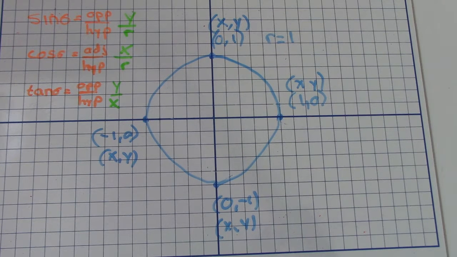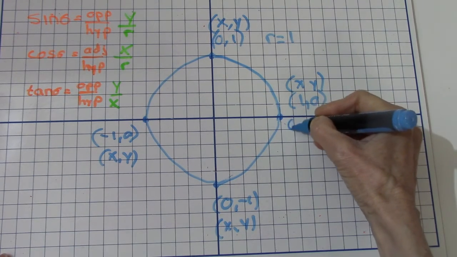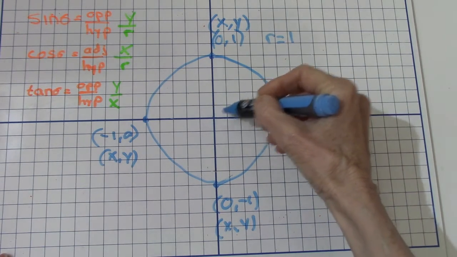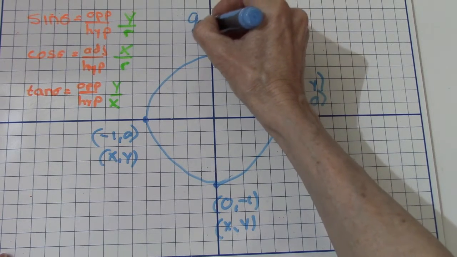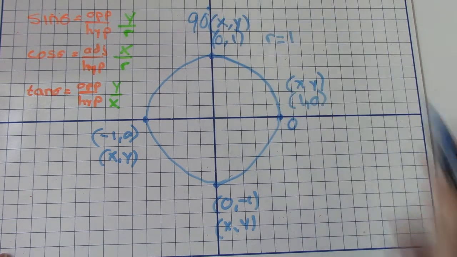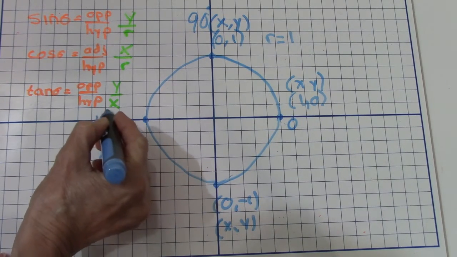We just labeled those four quadrantal angles. Now when we are labeling the angles, this is 0 degrees, and this is a 90-degree angle. Over here is 180 degrees.